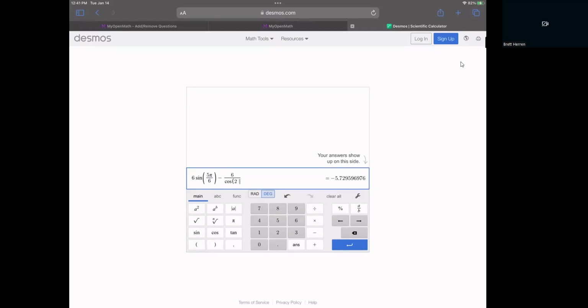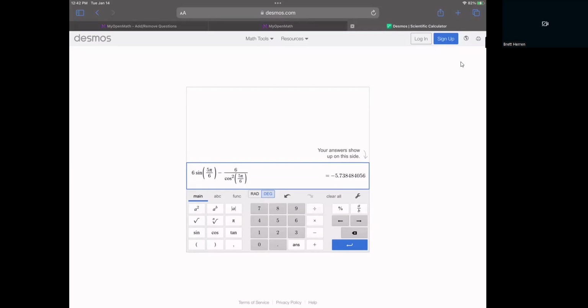Oh, that didn't work. How are we going to do cosine squared? We go like that, does it work? Maybe, yeah. Cosine squared, what was it? 5 pi over 6. 5 pi over 6. Close those parentheses. No, not those parentheses. We got to move to the right and then close those parentheses.